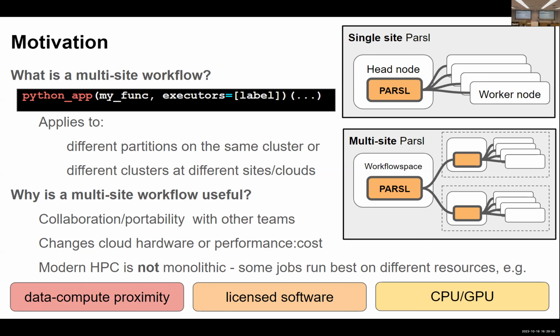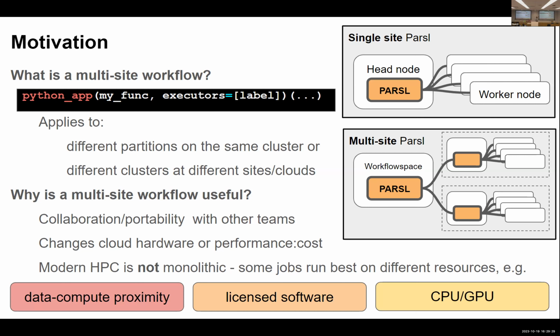Parsl, however, has a capability of working in a multi-site way, where you can have multiple clusters attached to a different computer that's actually running the Parsl script. That computer there, I've labeled a workflow space. It's a general catch-all term for it. It could be your laptop, it could be the Parallelworks platform, or some other machine, but it's not where those two clusters are.